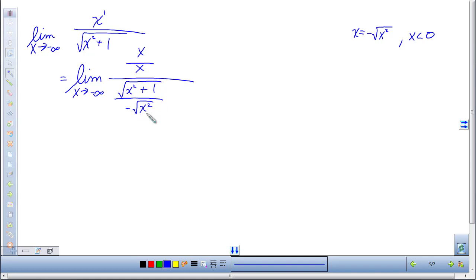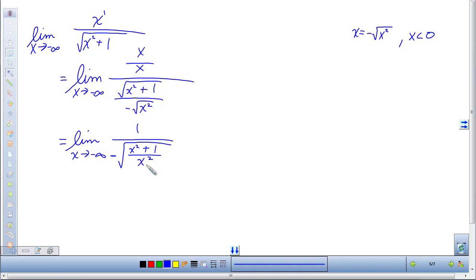And so now I start to simplify this. X over x is just 1, so that's good. Here I've got this negative. It's just going to come out front. And of course, because we have a radical over a quotient, or two radicals over the quotient, we can combine them. So I can rewrite this as the square root of (x squared plus 1) over x squared.